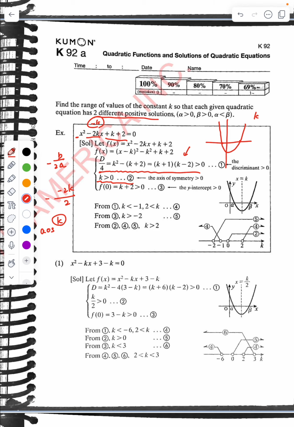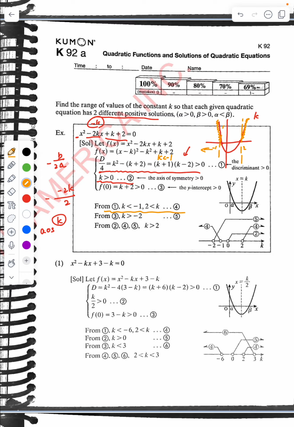If I want it to be greater than 0, there are a couple of ways: as long as my k is right here, and also as long as my k is right here. Which means k has to be smaller than negative 1, on the left side of everything, or k has to be greater than 2, on the right side. This is 2, this is negative 1. That explains k smaller than negative 1, and also k greater than 2.